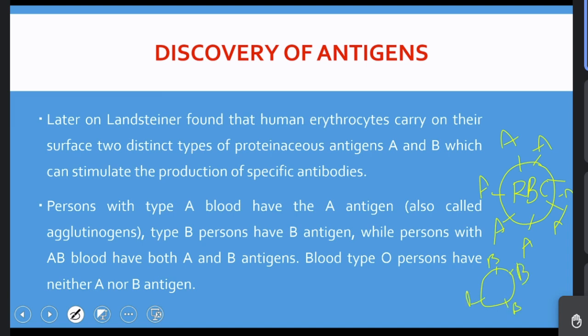The person with AB blood group will have both antigens on the surface of RBC, and the person with O blood group will not have any antigen on the surface of RBC. That is what was discovered by these scientists. Okay.